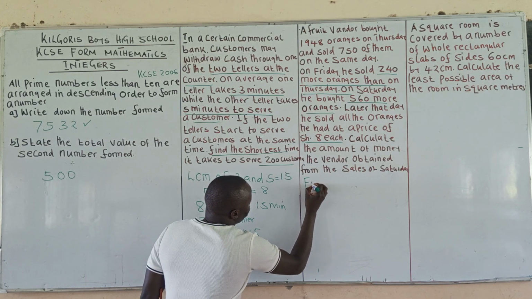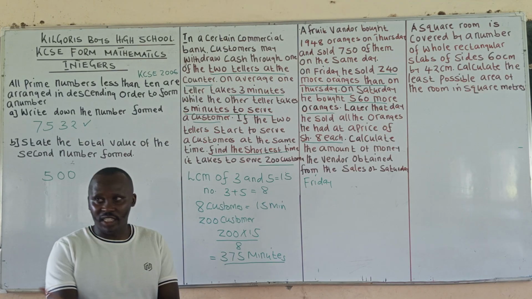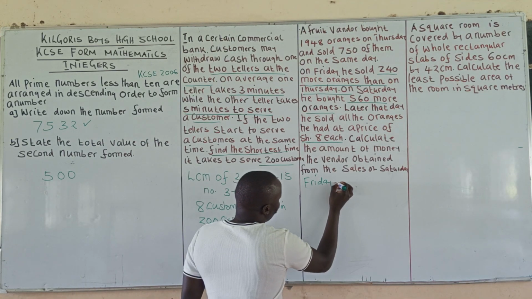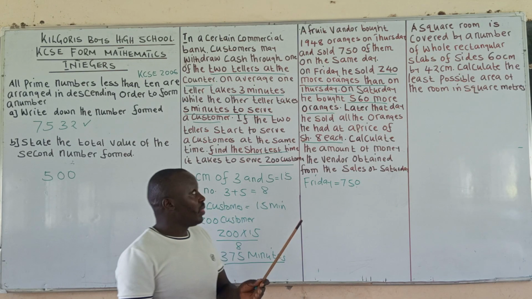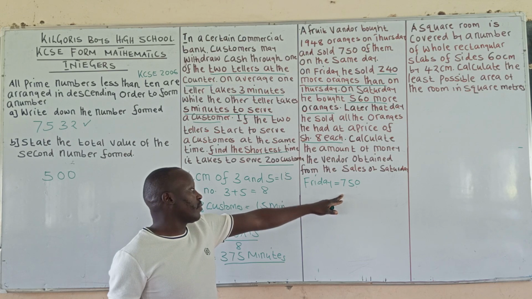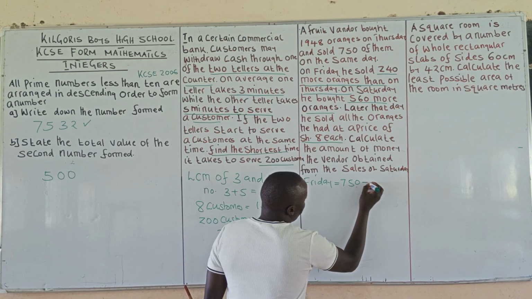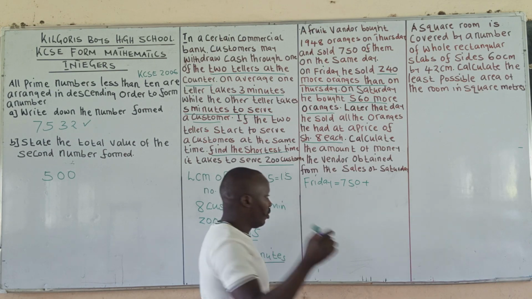So on Friday, now the number of oranges sold. So on Friday we have 750, then we have he sold on Friday 750, 240 more oranges.